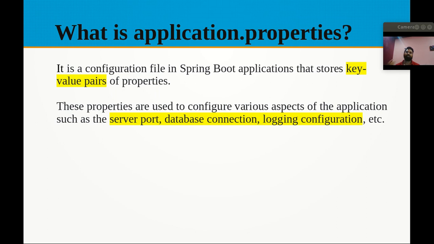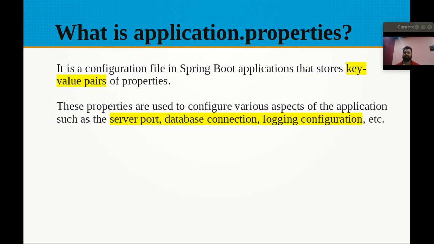Also, if you want to change the port, the configuration of changing the port will go in this application.properties file. Let's say you have to define any API URL or any password, then all these configurations will go inside the application.properties file in a key value pair.